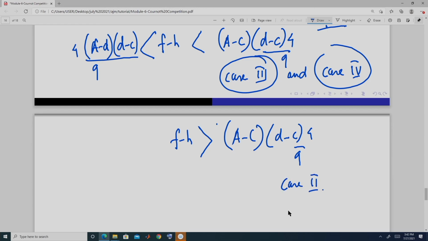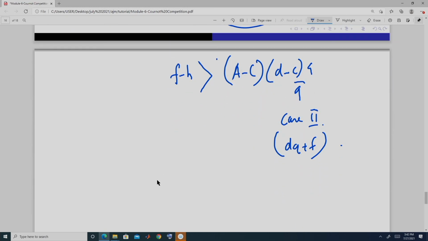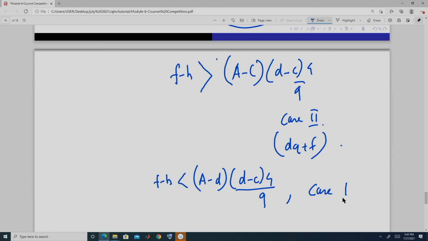Both firms choose this cost function, and if we have this less than this, then we have case 1, and both firms choose this as the cost function.